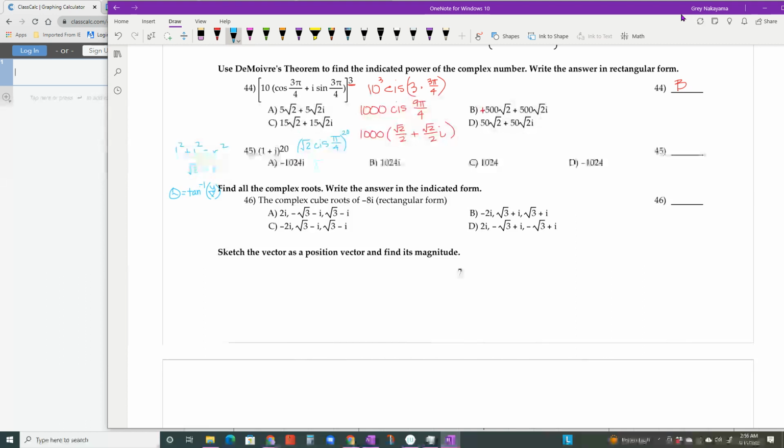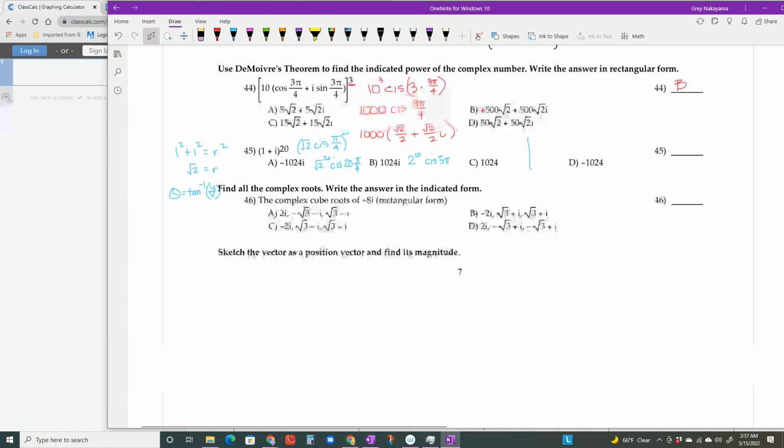Well, that is the square root of 2 to the 20th power cis 20 times pi over 4. Well, 20 times pi over 4 is 5 pi. Cis 5 pi. And square root of 2 to the 20th is 2 to the 10th, which you can tell is going to be 1024. Where's 5 pi?